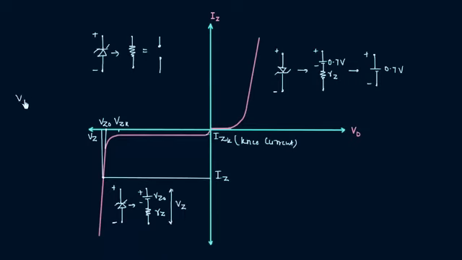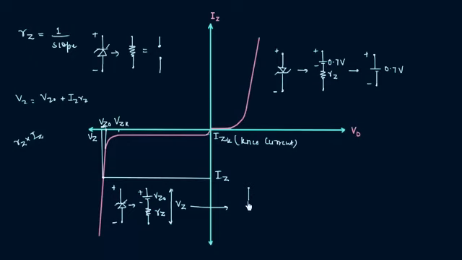VZ is simply equal to VZ0 plus this voltage, and this voltage is equal to RZ multiplied by IZ, the resistance of the Zener diode and the current flowing through the diode. So we have VZ0 plus IZ RZ, and if you want to calculate the value of RZ, then it is equal to 1 by slope of the curve, and we can easily obtain the Zener voltage if we have these values.